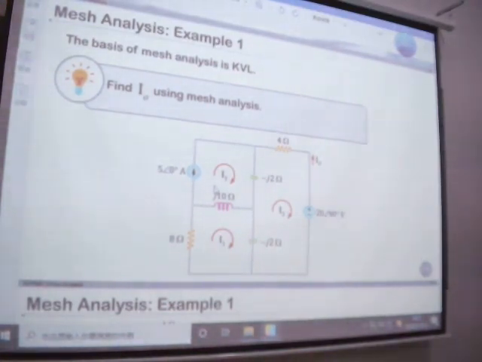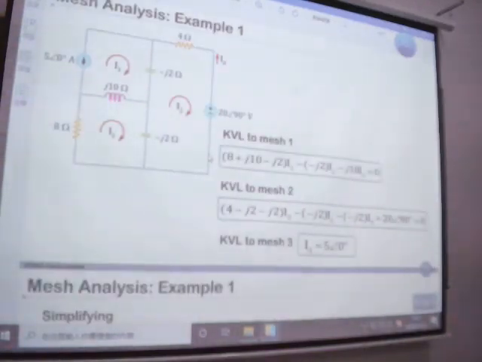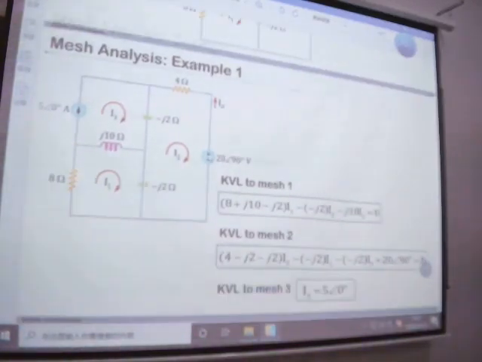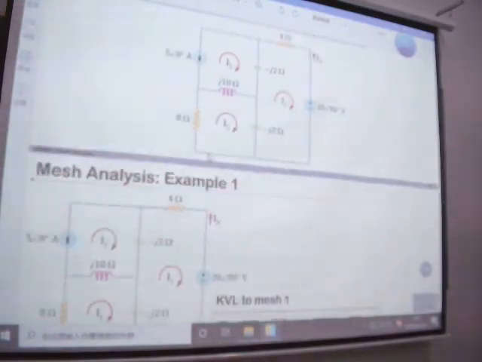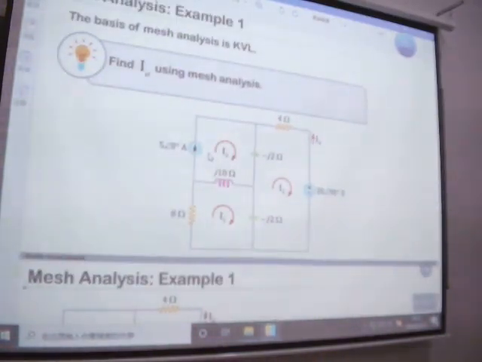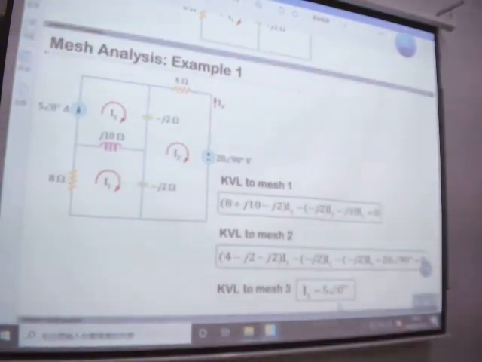For this line we can write 10j minus 2j plus 5 angle 0. This one, I3, I3 is equal to 5 angle 0.